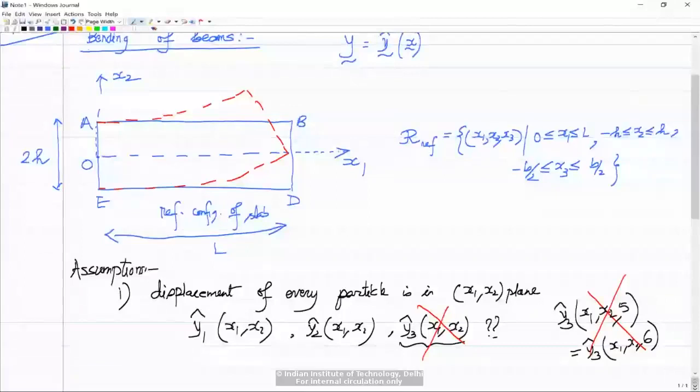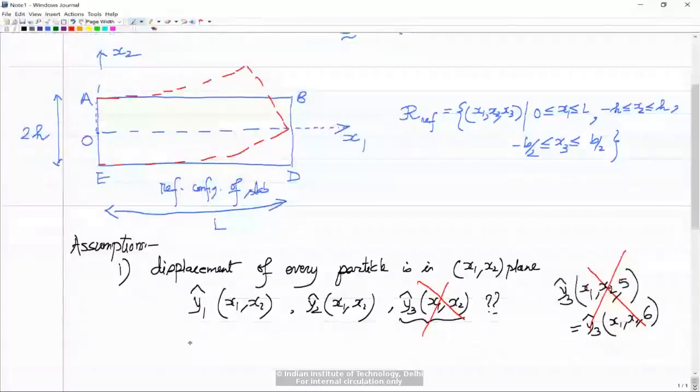See, what it says is that the displacement is in the x1 x2 plane. So if you think of u1, for example, u1 hat is a function of x1 x2, and u2 hat is then a function of x1 x2.